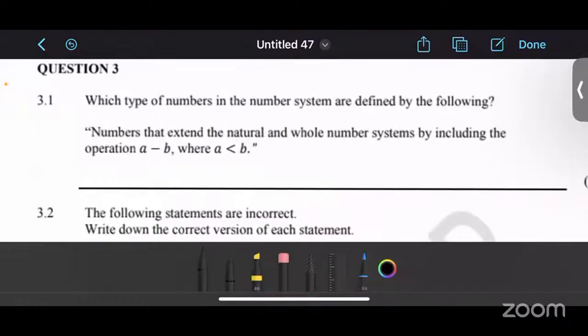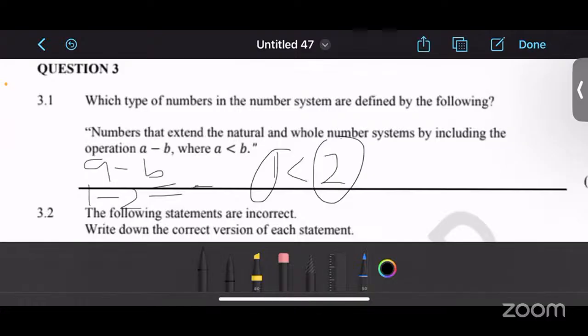Say a is 1, and then b has to be any number that is greater than a, because a is less. So 1 is less than 2. A can be 1 and b can be 2. The operation is a minus b, which is 1 minus 2. What do you get? You're gonna get negative 1.